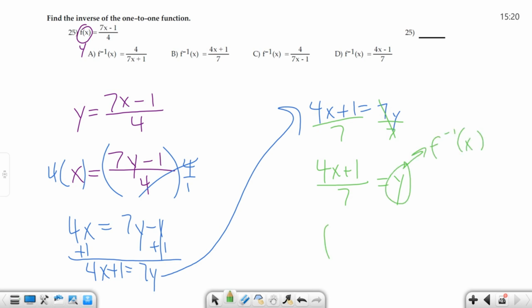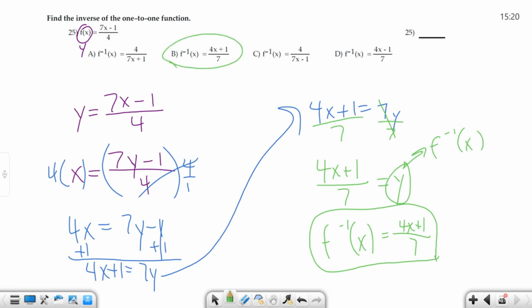So really F inverse equals (4x plus 1) over 7. Which in this case is answer choice B, right? F inverse of x is (4x plus 1) over 7. And that concludes our review for college algebra midterm online.